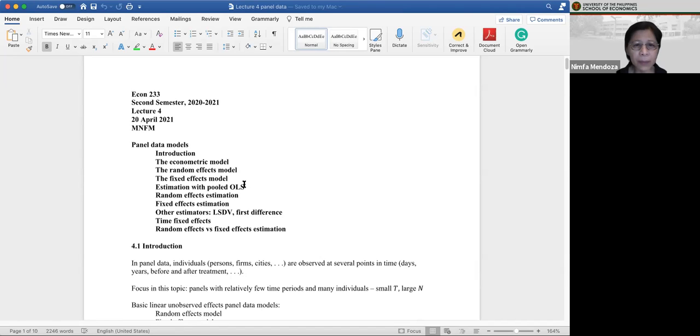We had pooled OLS, random effects estimation, fixed effects estimation, and we also went over LSDV, the least squares dummy variable approach, and the first difference approach. Then I think I ended last time with incorporating time fixed effects, which can be quite important since you have time series data.